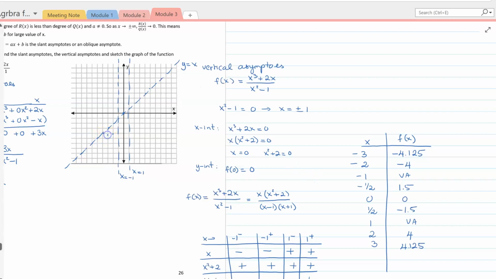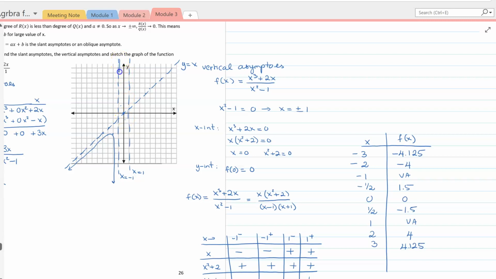So the graph on the left looks kind of like this. Okay. Negative a half, 1.5. 0, 0. 1/2, negative 1.5.